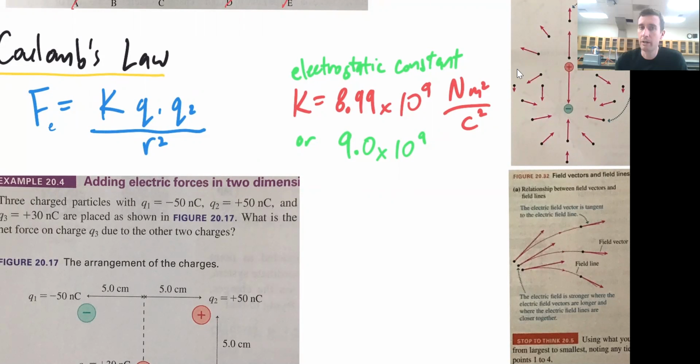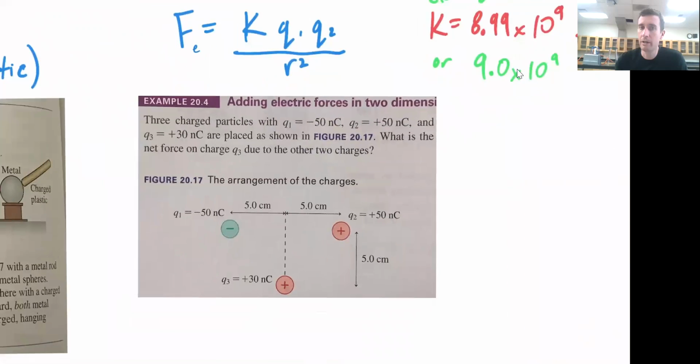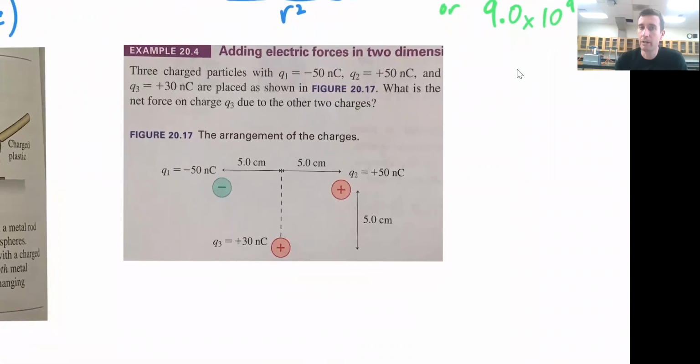This is the same thing, but it's using charges and an electrostatic constant instead of masses and a gravitational constant. But the force between them works exactly the same. Gravity works on a gravitational field, charge works in a charge field or an electric field. Otherwise, exactly the same.